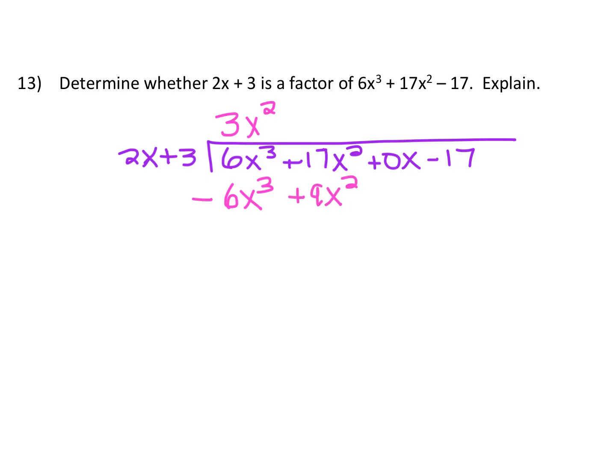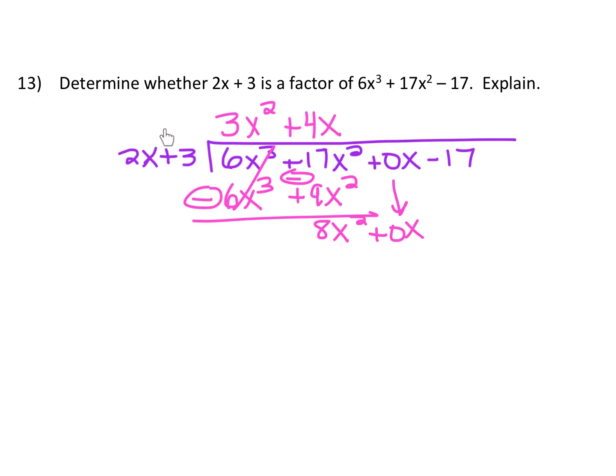All right, so let's change our signs to show that we're subtracting. So the first two terms cancel off, and then 17x squared minus 9x squared would be 8x squared. And we can bring down the next term. All right, so what do we multiply 2x by to give us 8x squared? 4x. So we're going to put that up here.